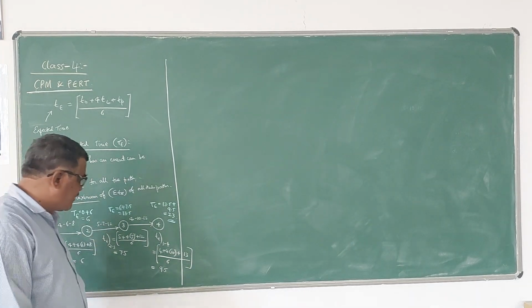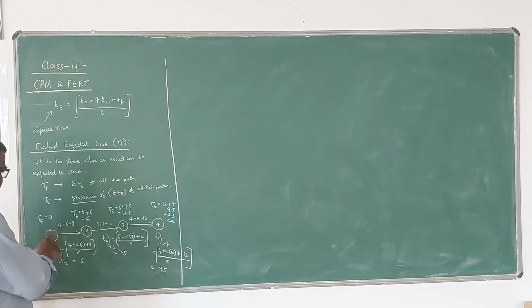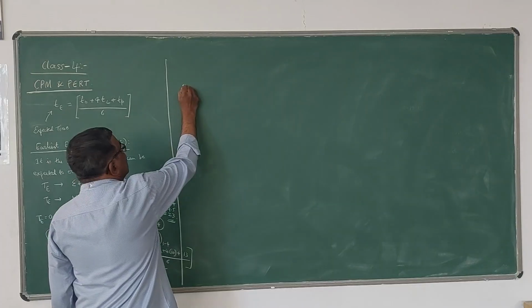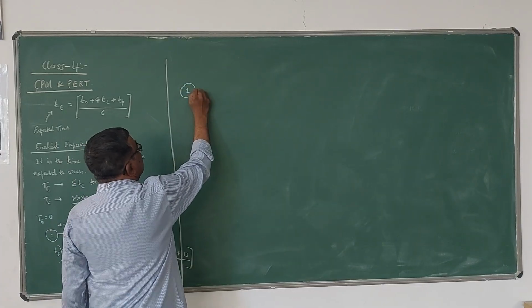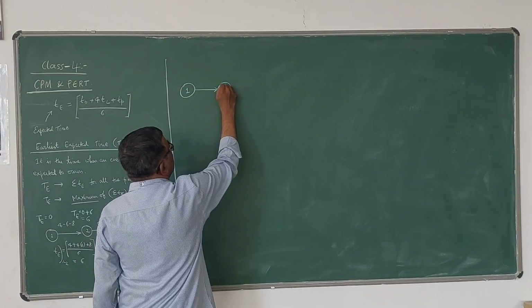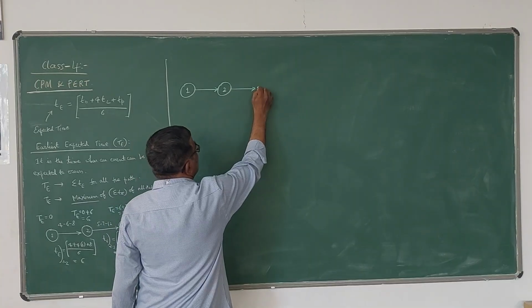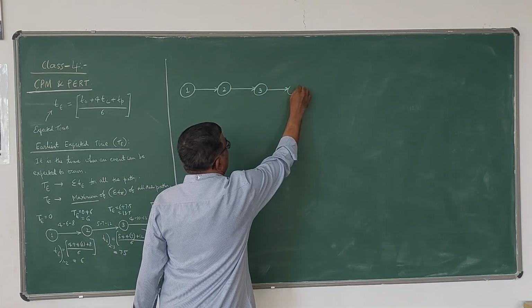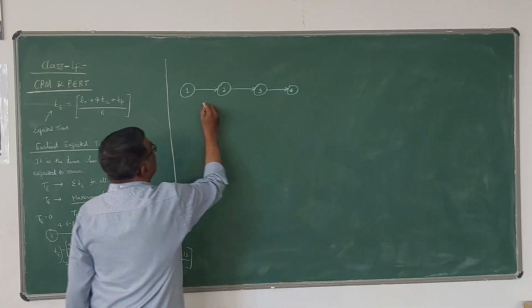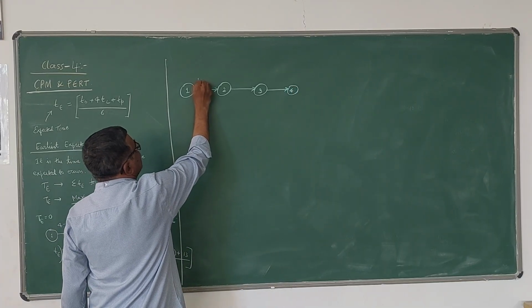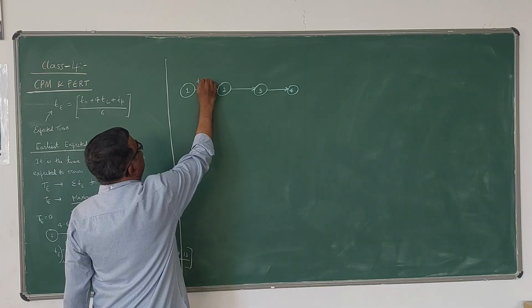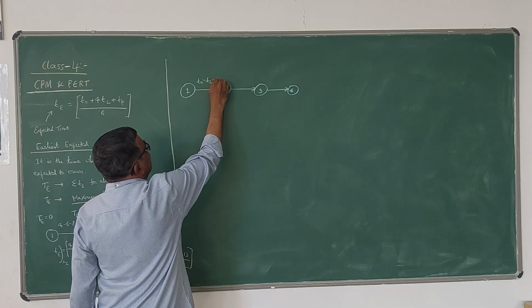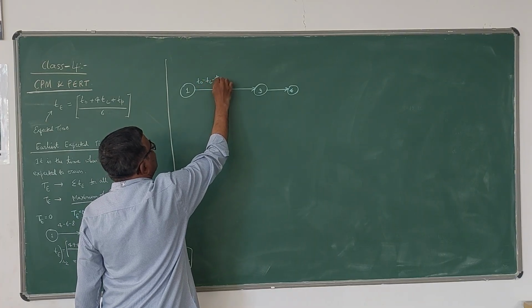Now let us take a problem. Actually, you see how it is written in any path. Events are represented by circles. Small t values are represented here. They are going to give T0, TL, TP values.